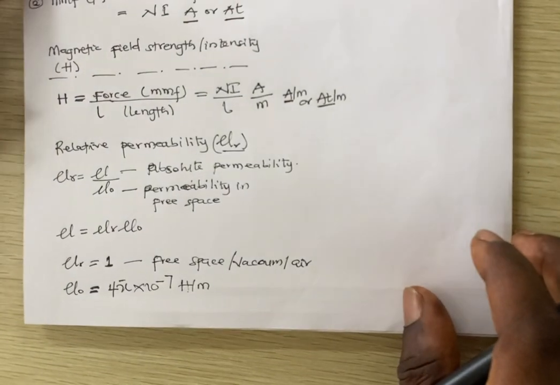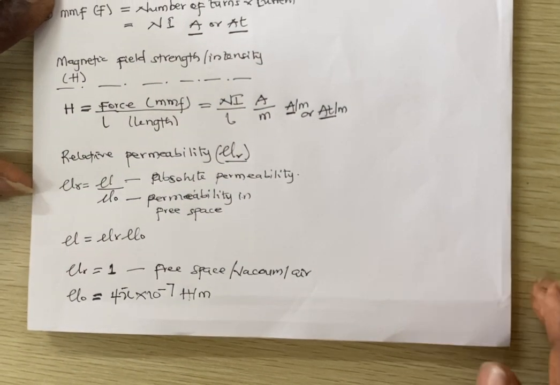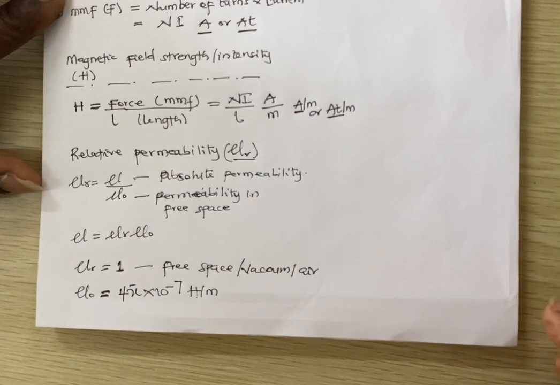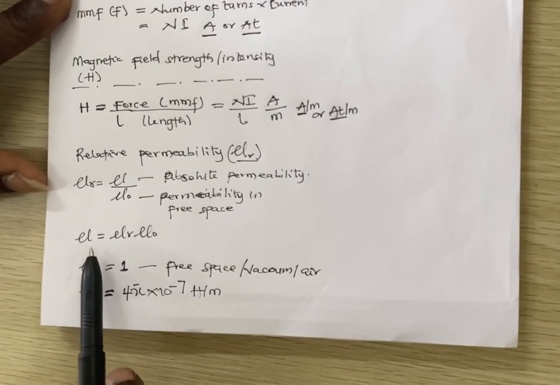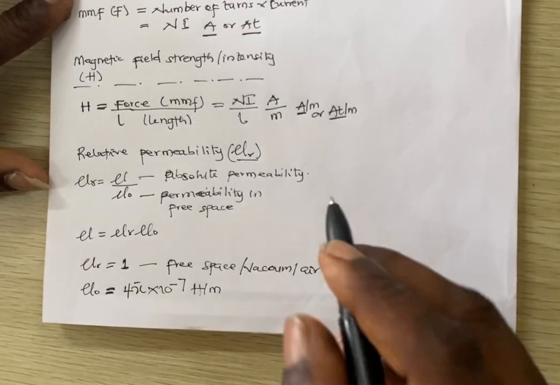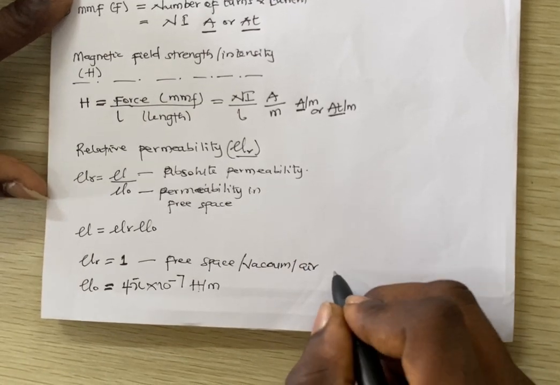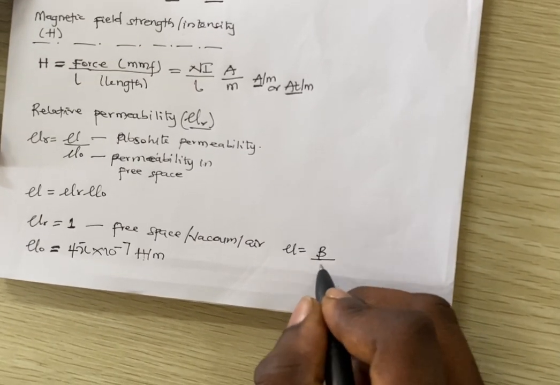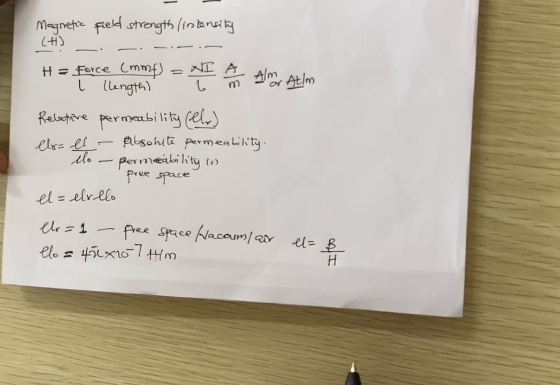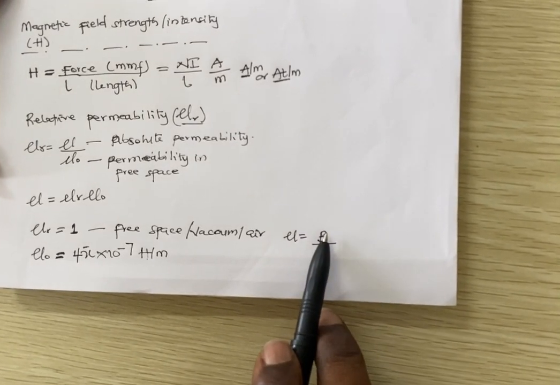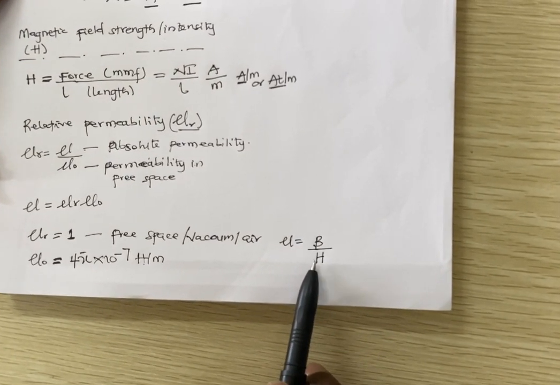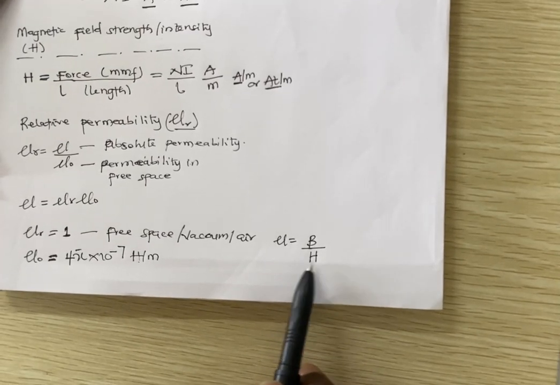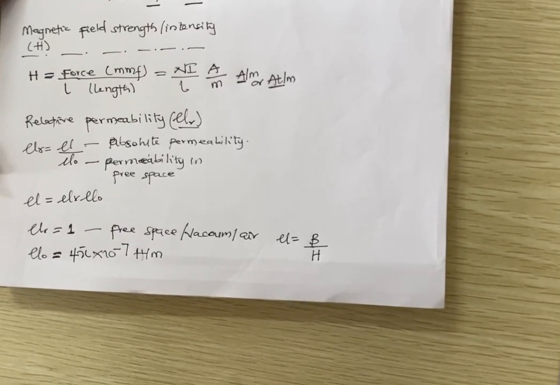So now we can also express relative permeability as the magnetic flux density on the magnetic field strength or intensity, right?